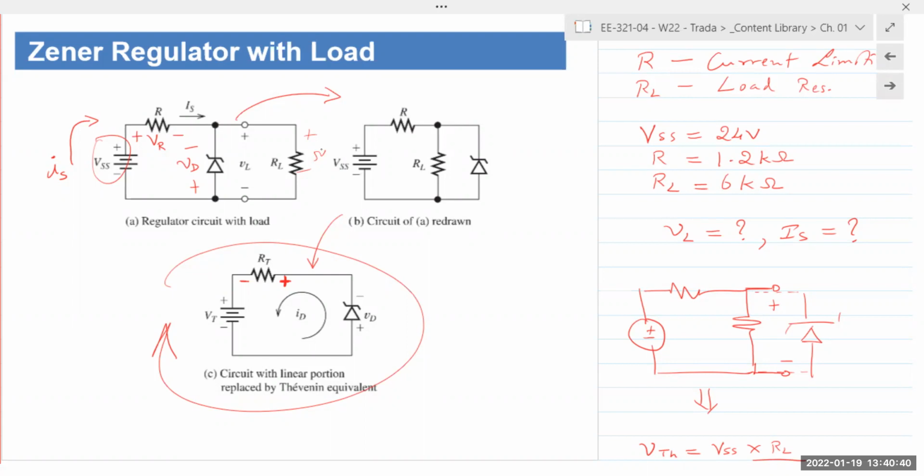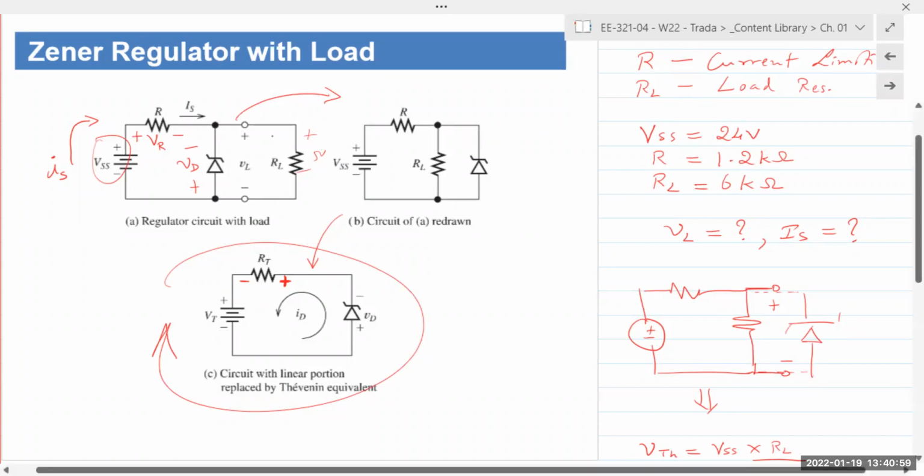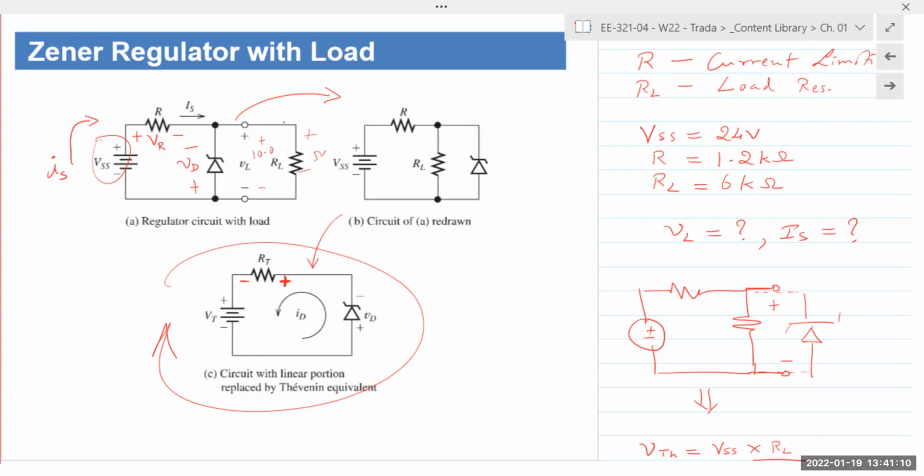But going back to the first point, if the Zener diode is not there, what do we have? 2 resistors in the circuit. It's a voltage divider network. So the input voltage should be the voltage that appears across RL. Does that make sense to everyone? We want this voltage right here, VL, to be 10.00001. To keep things simple, let's just call it 10 volts.